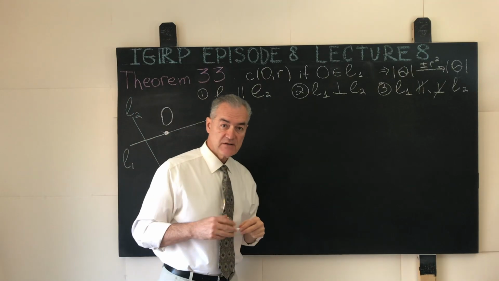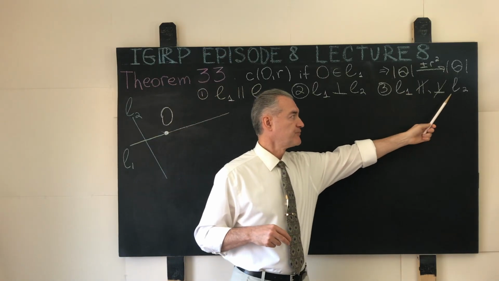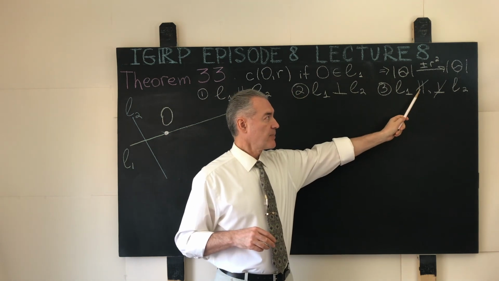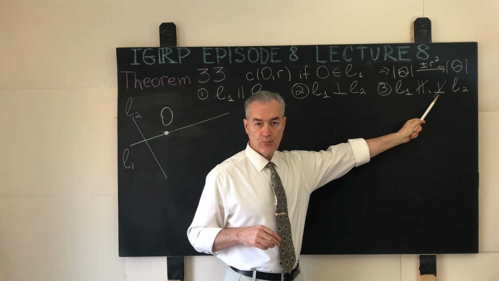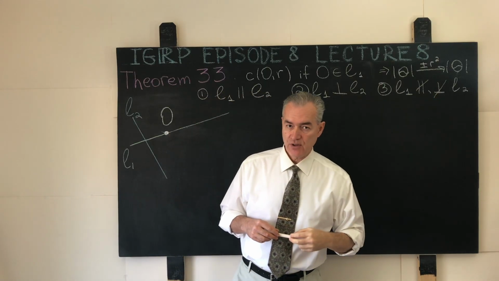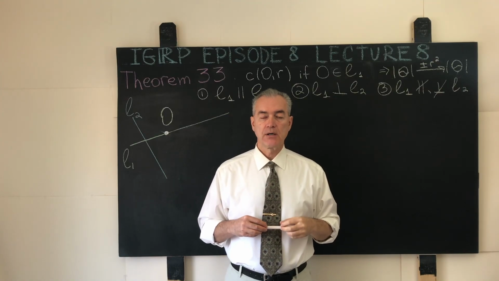And the third and final case is when the straight lines L1 and L2 are neither parallel nor perpendicular. As such, we will begin the proof of theorem number 33 with the first case, when the two straight lines are parallel.